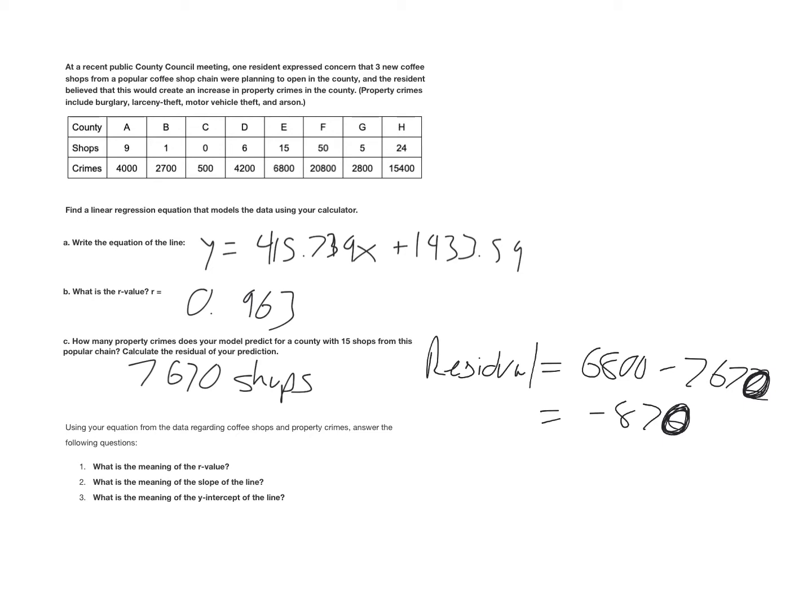The closer you are to either -1 or +1, the stronger the correlation is, the more confident we can feel in our predictions. So in this case, 0.963 is very close to 1, so we would say we have a strong positive correlation, because it's close to +1, not -1.